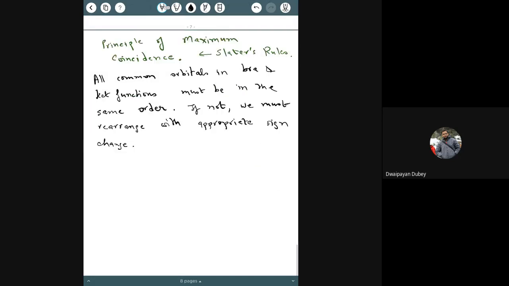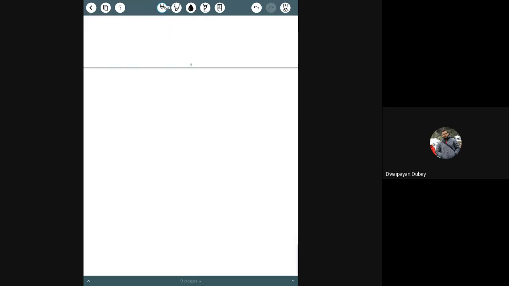For every switching of spin orbitals, we get a negative sign. So it's a simple rule, but it's an important rule. Is it clear to everyone?